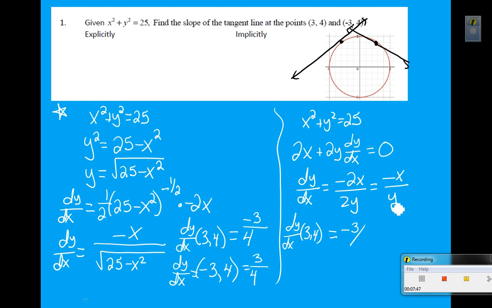Plug in a 4 wherever you see a y. So boom, I got negative 3/4 for that one. And if I do my other one, plug in a negative 3, I'm going to get 3/4. So there's what it would look like implicitly. Implicitly means find the derivative, and then plug in dy/dx behind it.